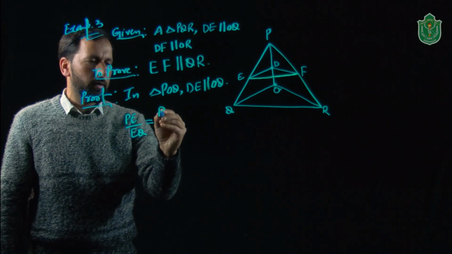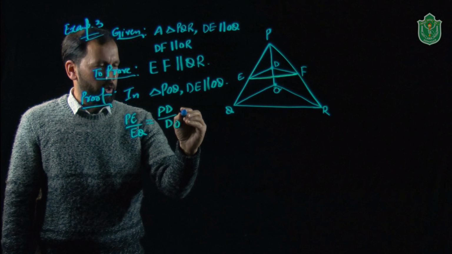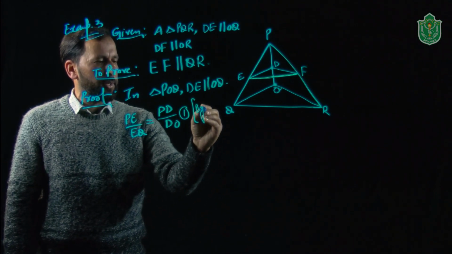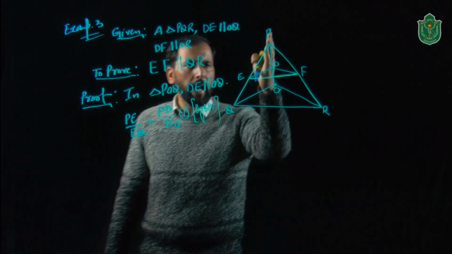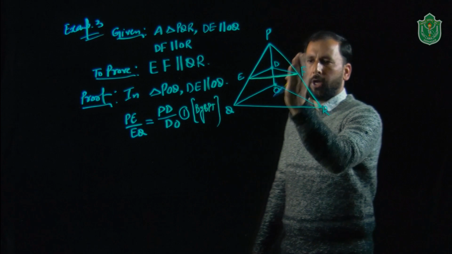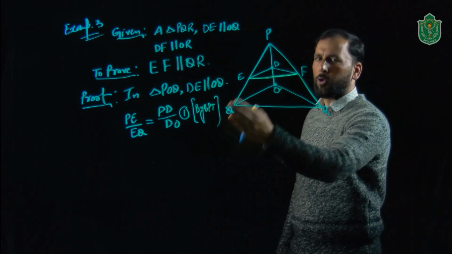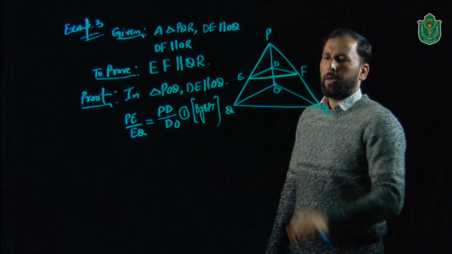We call this equation 1, and the reason is basic proportionality theorem. In triangle POQ, DE is parallel to OQ, so we use basic proportionality theorem: PE by EQ is equal to PD by DO.